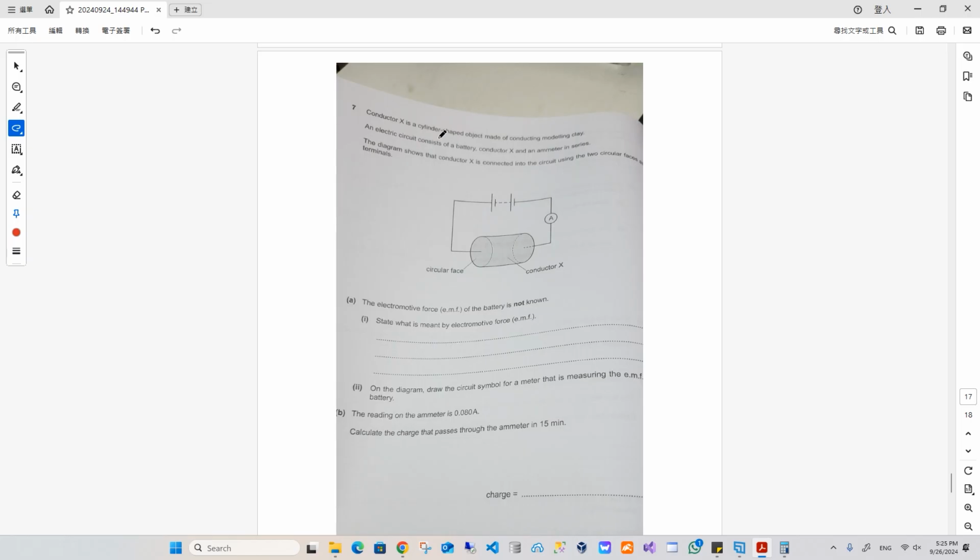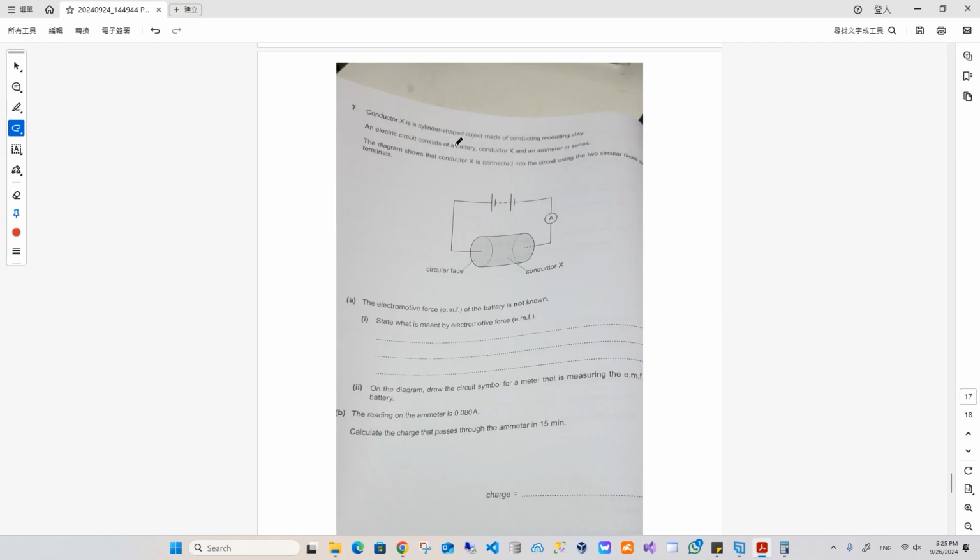Conductor X is a cylinder, straight, usually conducting modeling clay. Electric circuit made of conducting modeling clay. This here is a conductor.